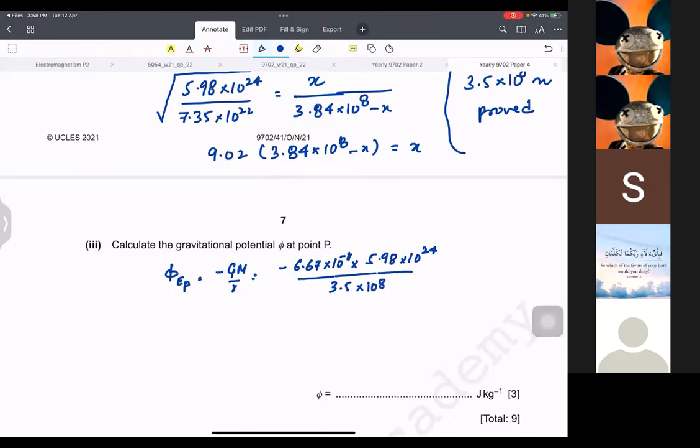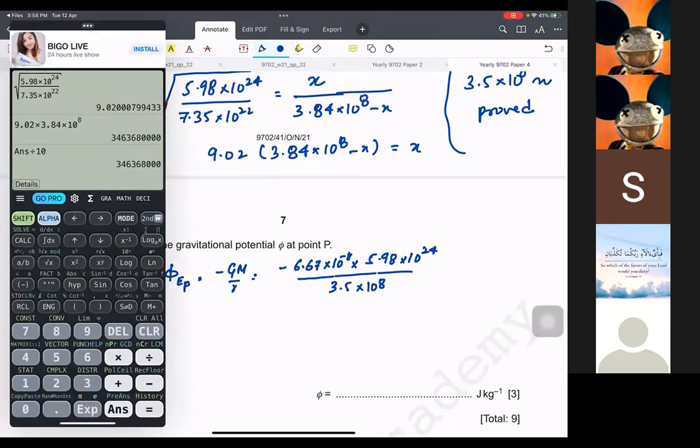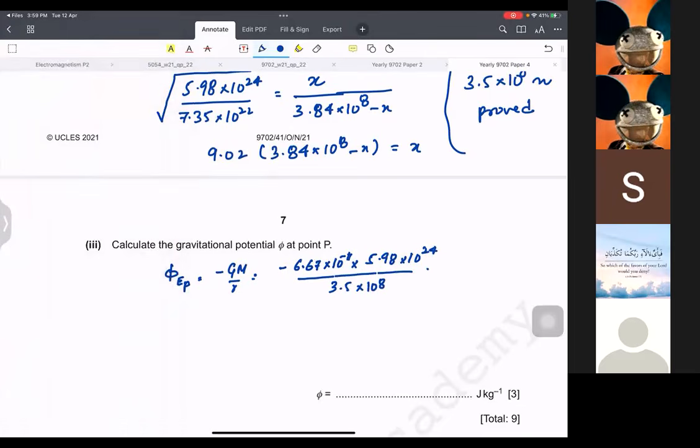We just found out. Okay. It's 1.14 times 10 power 6, right? Joules per kg.